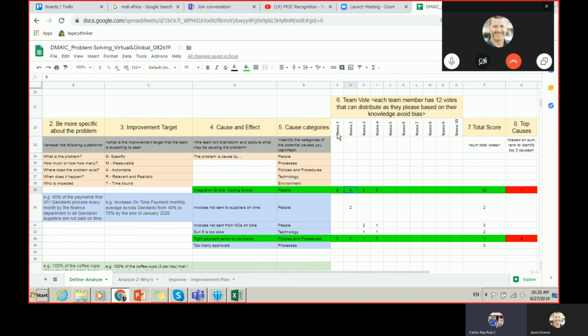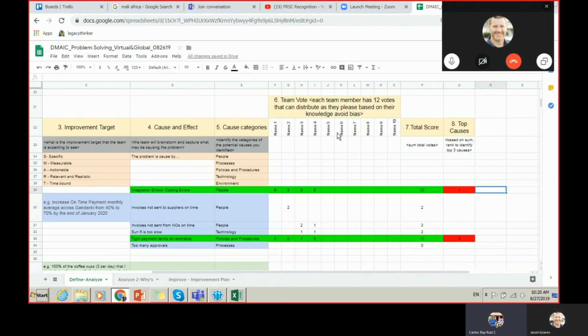Gotcha. So the idea is that at the end of this voting system, the ones that are on top will be very evident, because at this point most of the team will recognize, oh yeah, these 3 are the top 3 pain points.